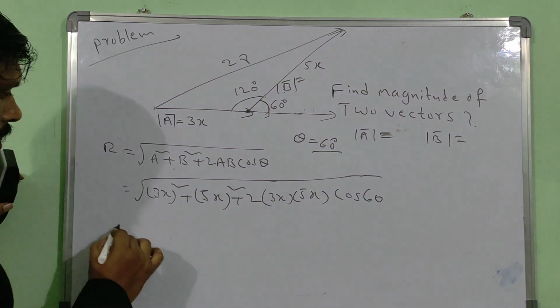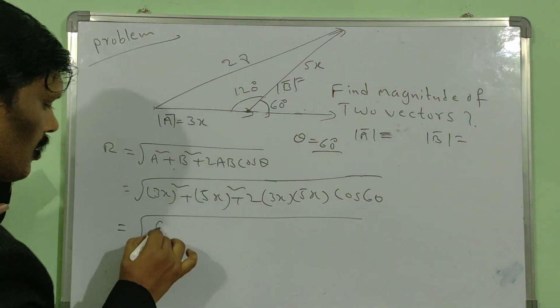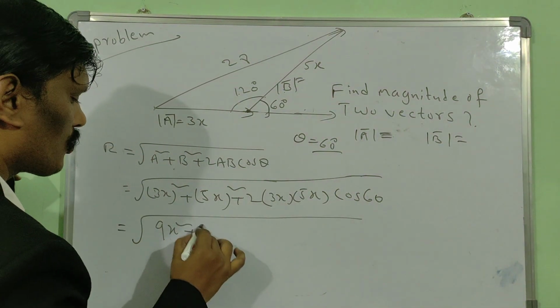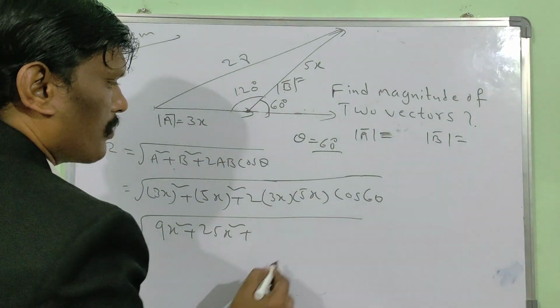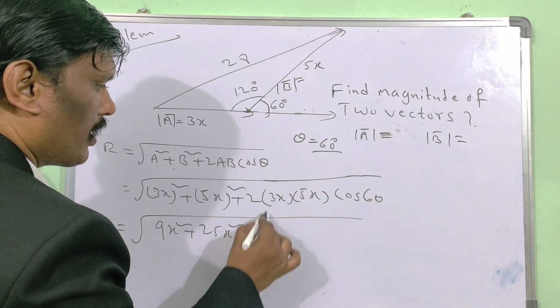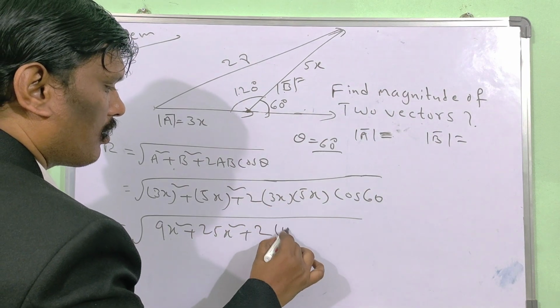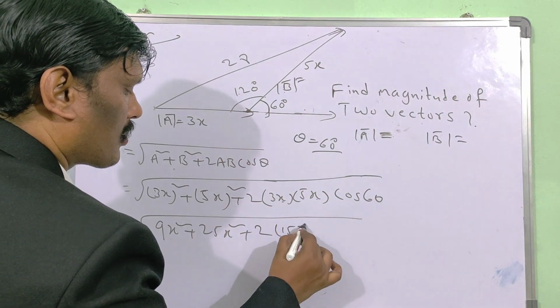Now substitute here. 3x whole square means 9x square, 5x whole square means 25x square, plus cos 60 means 1 by 2, so the 2 gets cancelled. 3 times 5 is 15, times x square.